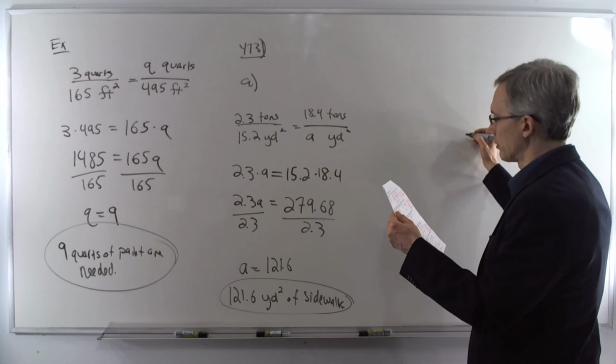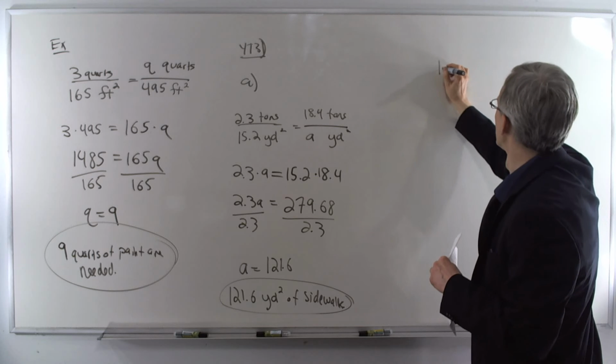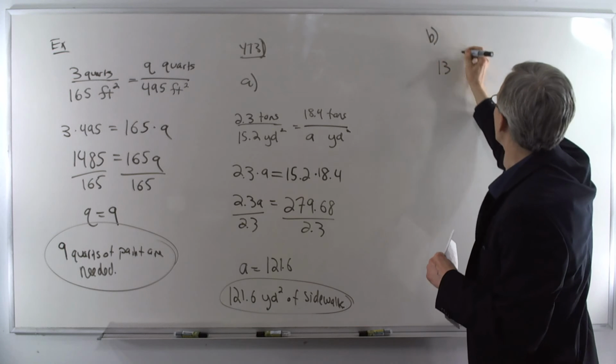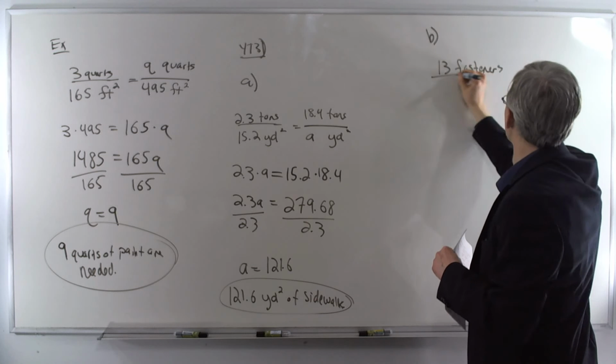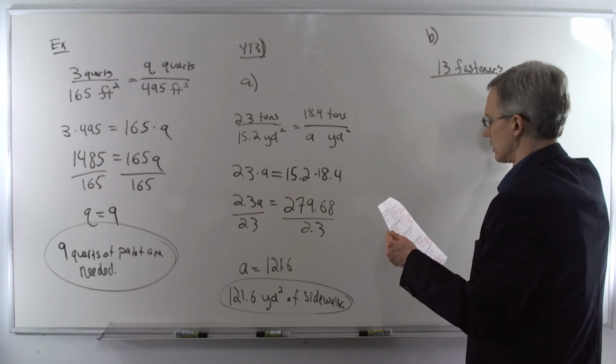So we're given the related rate is 31 fasteners and 12 pounds.